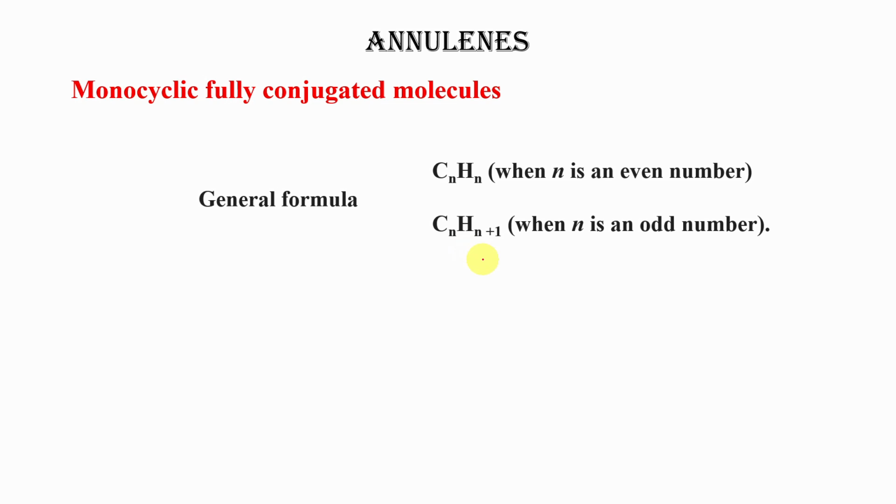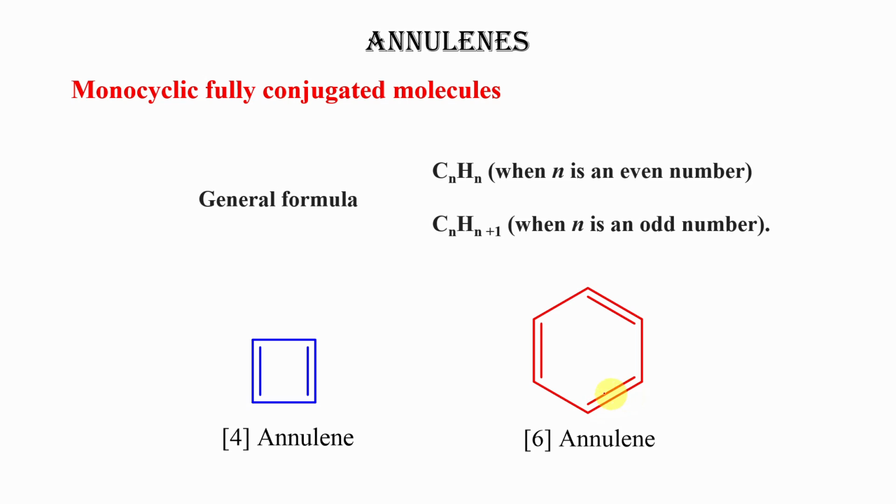For example, the simplest annulene is cyclobutadiene. It is 4-annulene, cyclobutadiene. Benzene can be regarded as 6-annulene because it has the molecular formula C6H6, and 4-annulene has the molecular formula C4H4.